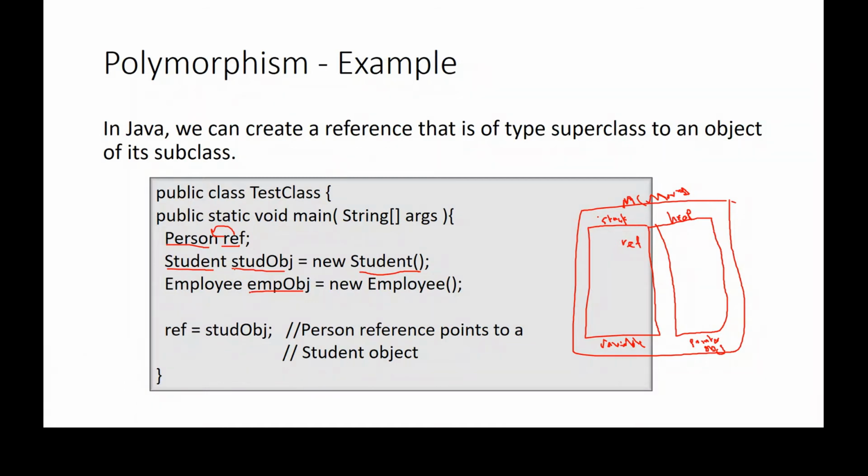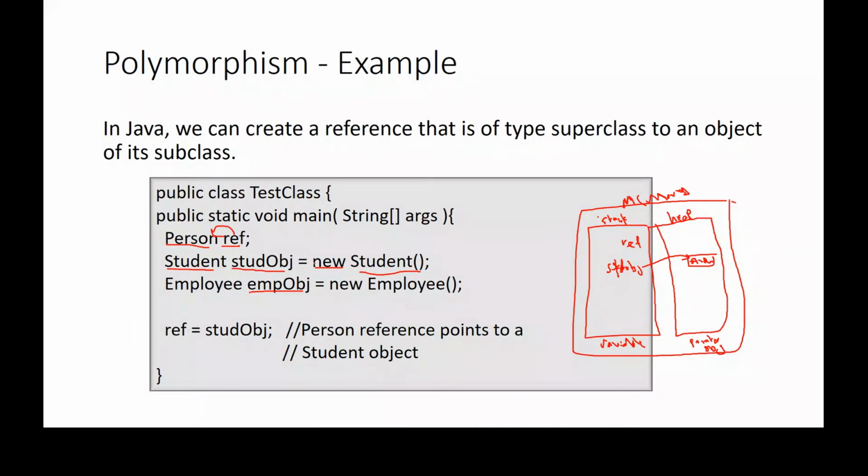Now, Student: we have std_obj. This is a variable, and for this variable we use new. When you use new, it will create an object in the memory for the Student, the whole class, and the variable will point to the new object in the heap.